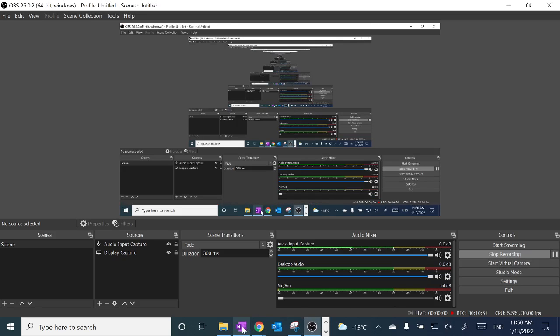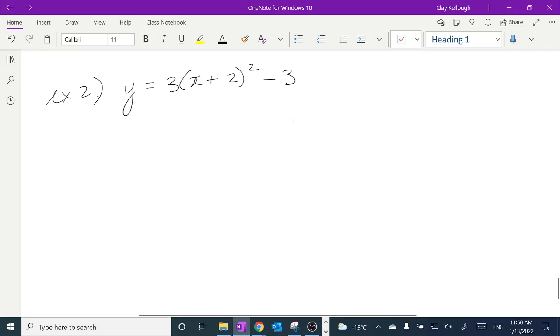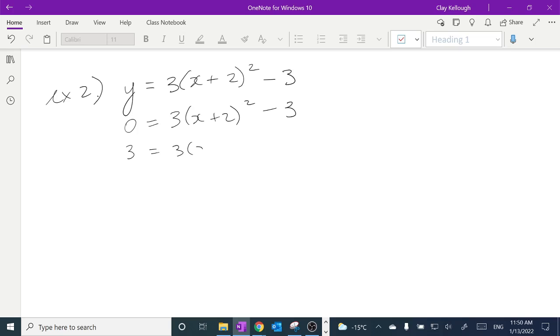Okay, we're back. So, step 1 is, of course, x-intercepts happen when y is 0. So I have to make the y 0. Set the y to 0. All right, undo minusing 3. So I plus 3 to both sides. Undo timesing by 3. So I divide 3 on both sides. Square root both sides.